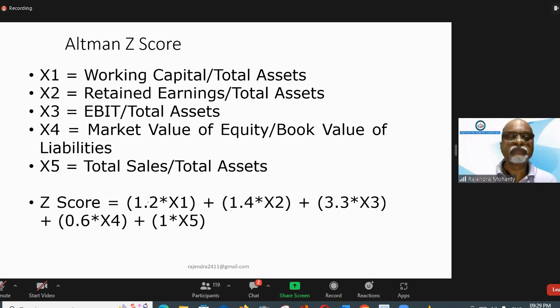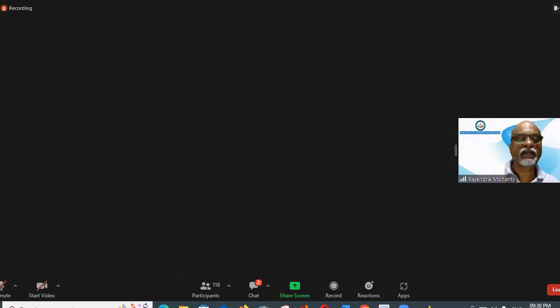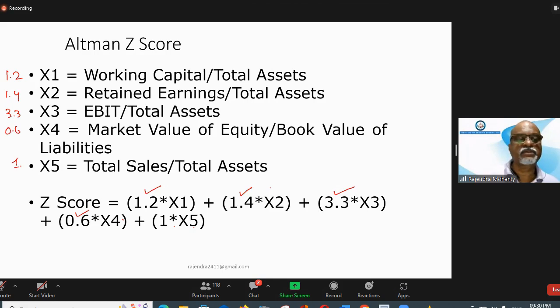Now these are to be multiplied with constant factors. X1 is multiplied with 1.2, X2 with 1.4, X3 with 3.3, X4 with 0.6, and X5 with 1.